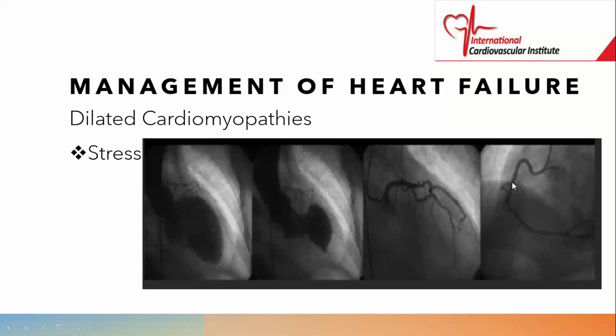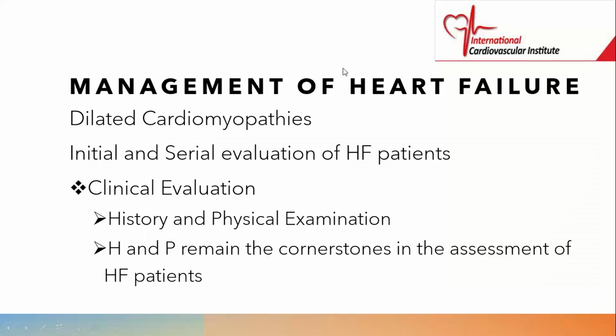So there is no coronary artery disease to account for the wall motion abnormality. Okay, so we're going to stop here because this is enough, and then our next series of lectures we'll look at the evaluation of these patients.